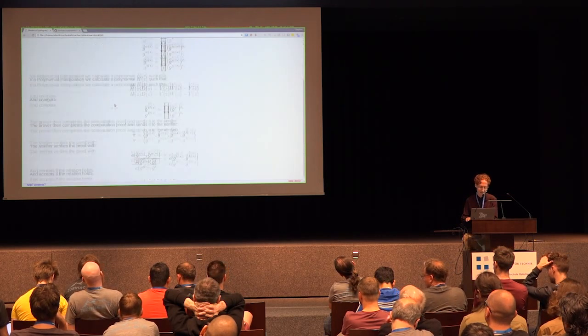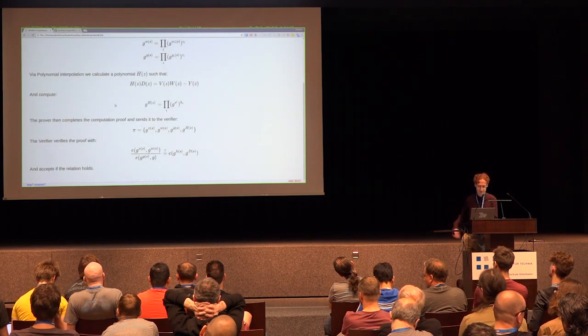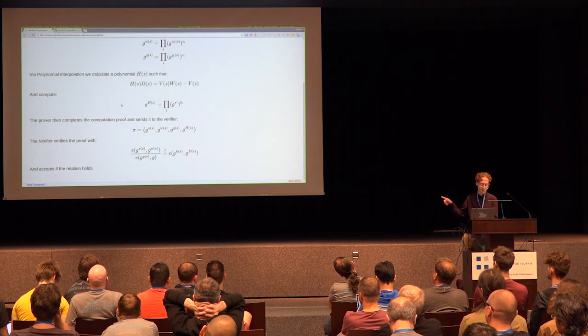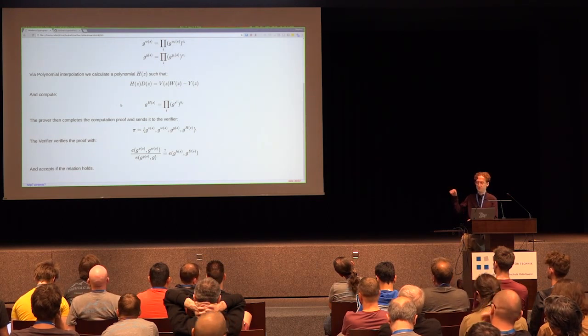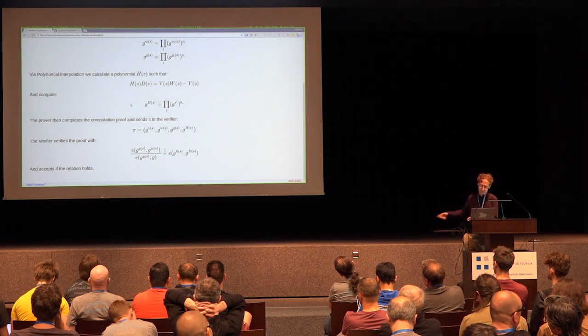Then the prover computes, via polynomial interpolation, another polynomial over a free variable z, such that h of z times d of z is equal to v.